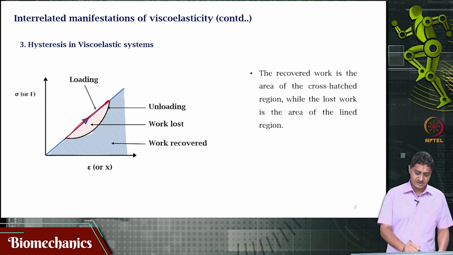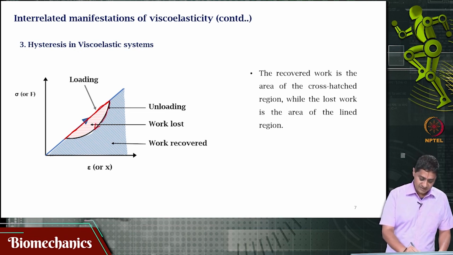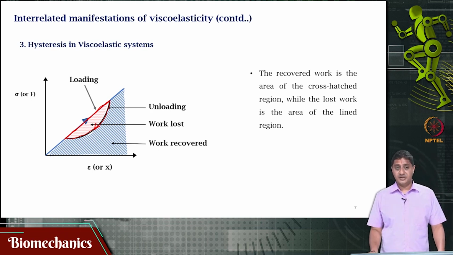If it is an elastic material, as I am increasing the strain, the stress increases and then as I am decreasing, it will come back in the same path, along the same line. But in a viscoelastic material, what happens is that as I am unloading, that is the path that is taken by the unloading curve.